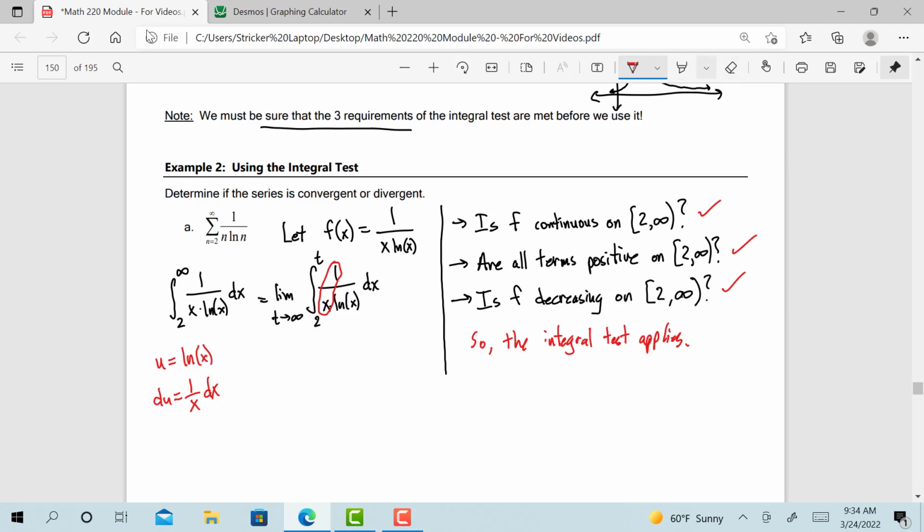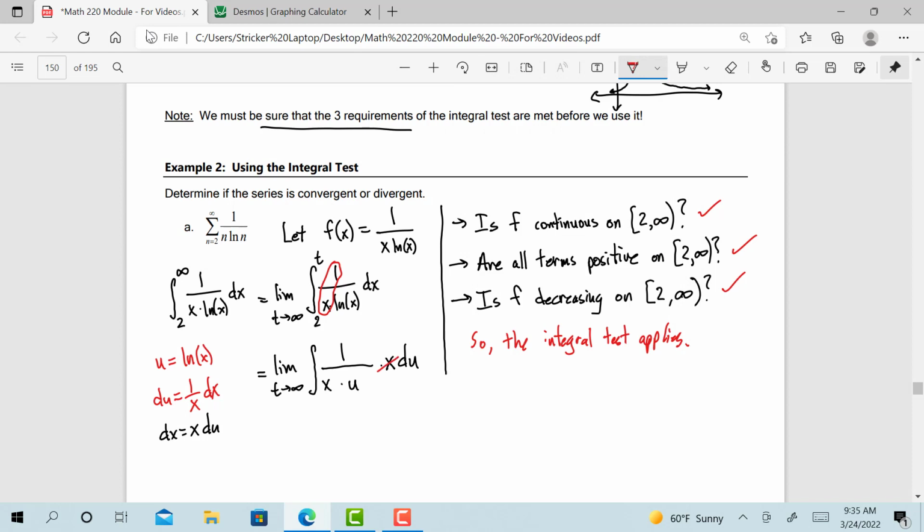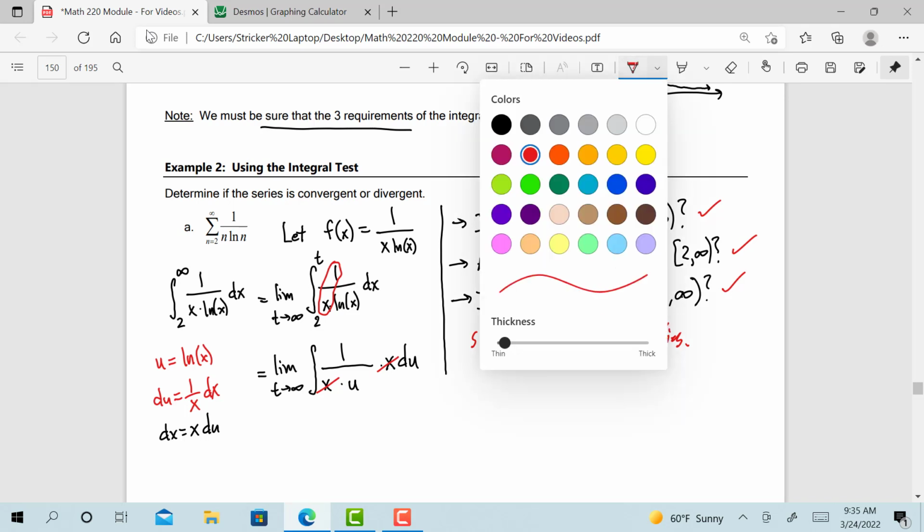And so when we go to rewrite this, we're going to have the limit as t approaches infinity. We have 1 over x times the natural log of x, which is u, times dx, and dx is going to be x times du. Of course, the way we did u substitution, we know these x's are going to cancel, and so we also need to change our limits.